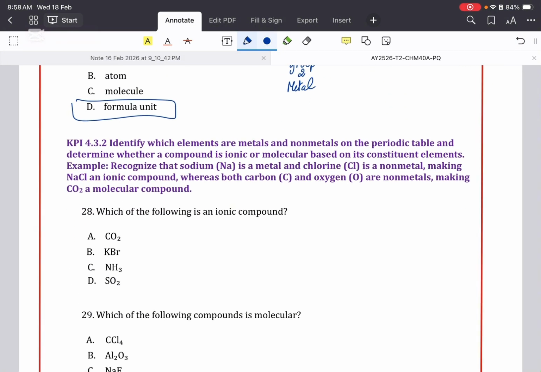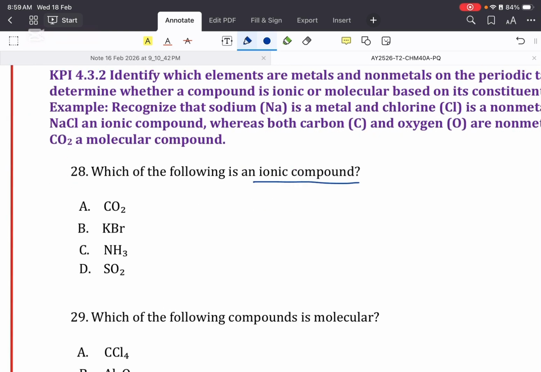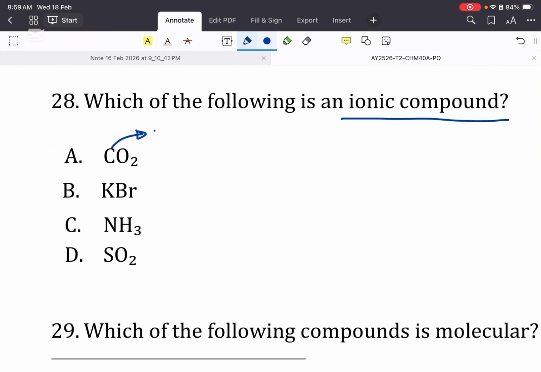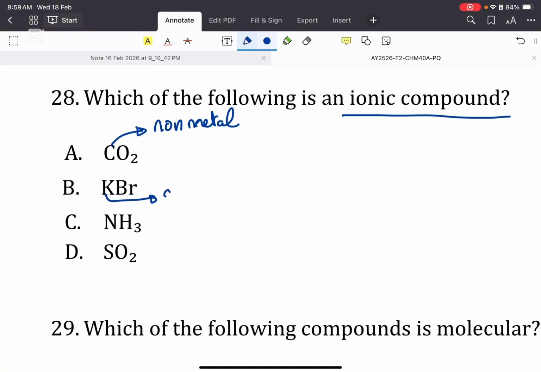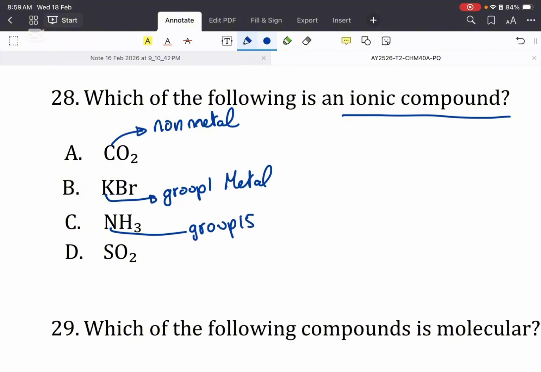Which of the following, again, is an ionic compound? So carbon, we just said that this is a non-metal. Potassium K, I can find it in group 1 of the periodic table. That is a metal. Nitrogen is in group 15 of the periodic table.